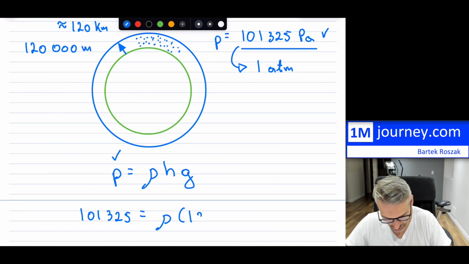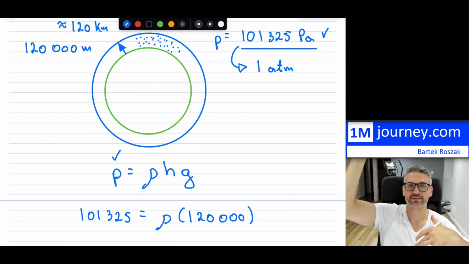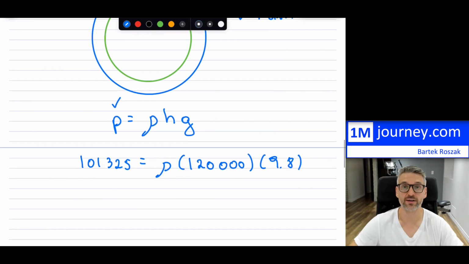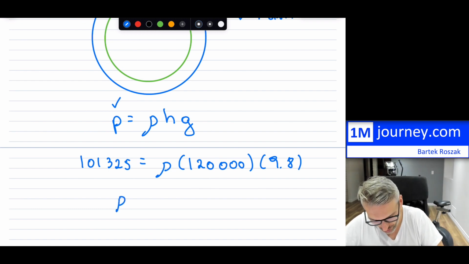Now this is 120,000, right? So that's the depth or the height of how much air is up above us. And then the last one is 9.8 meters per second squared. Notice that now you can manipulate this and solve. So if you divide on both sides, you can find out what this is.